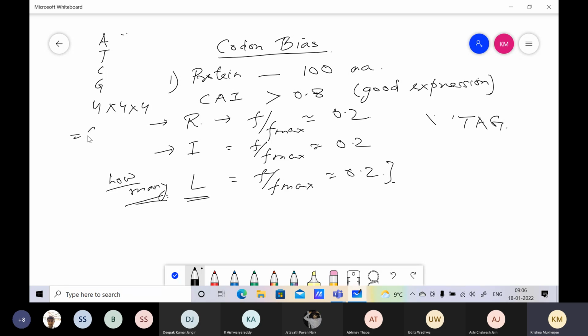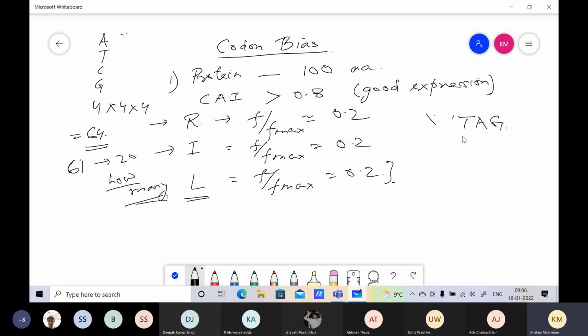So there are a total of 64 possible codons, out of which, as I remember, 3 are stop codons, not 1. So actually 61 codons code for 20 amino acids.